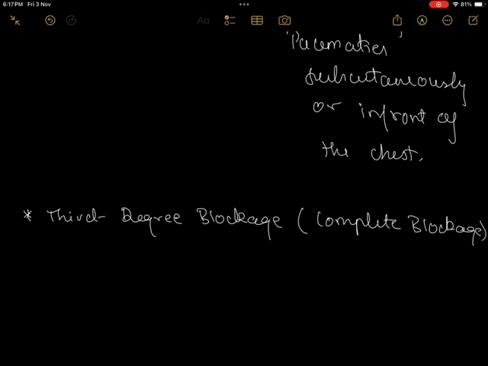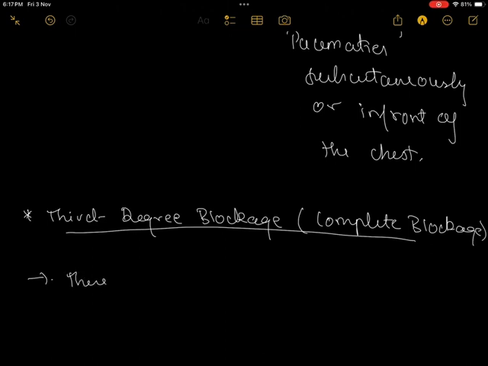So if you talk about third degree blockage, there will be complete arrest of impulses conducting from the atria and transferring of impulses from the atria to the ventricle. So let us write it down over here.